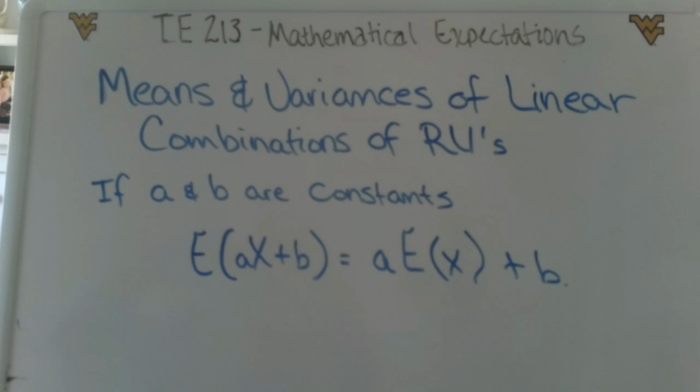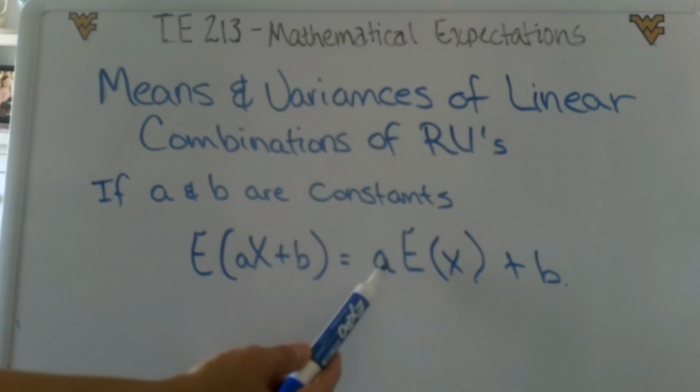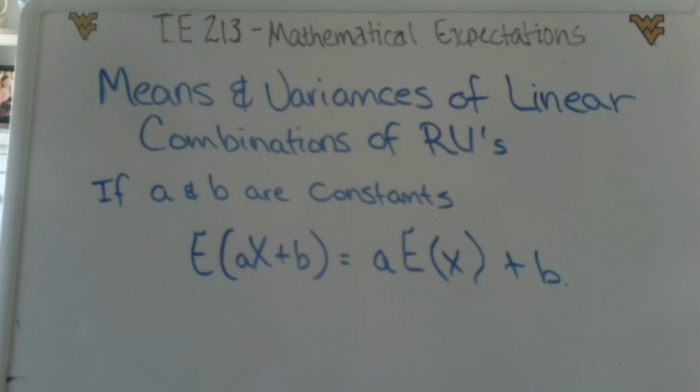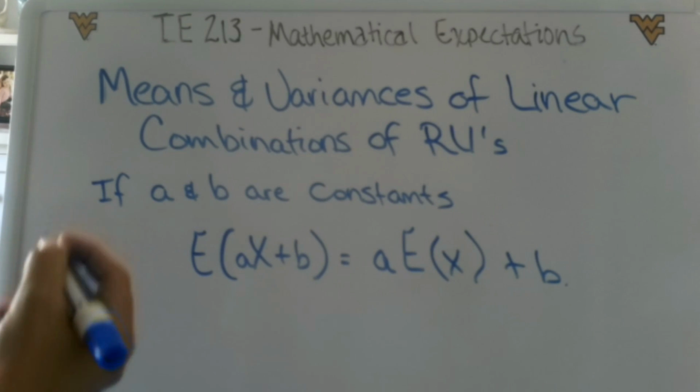Let's look at means and variances of linear combinations of random variables. So if a and b are constants, then the expected value of aX plus b is equal to a times the expected value of X plus b. The expected value of the sum or difference of two or more functions of a random variable X is the sum or the difference of the expected values of the functions.